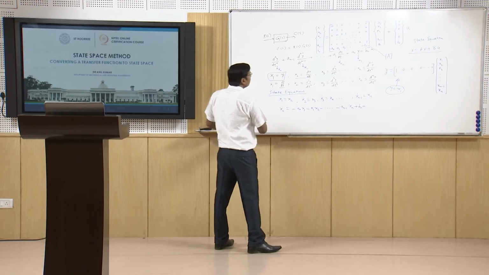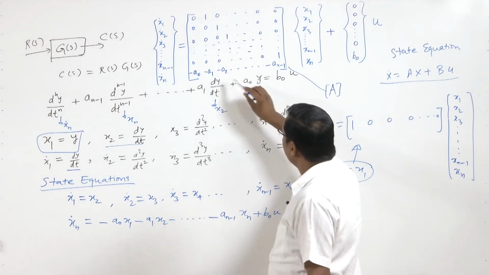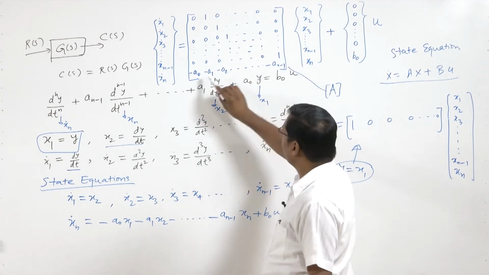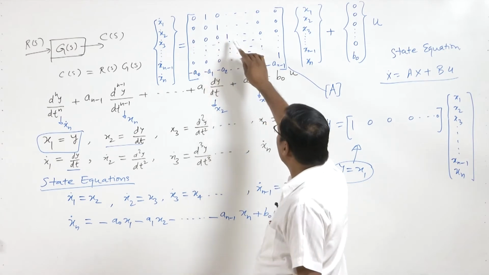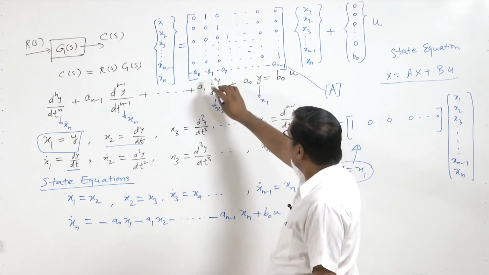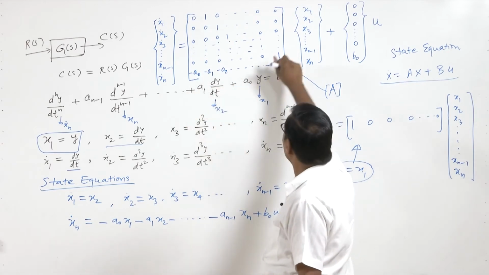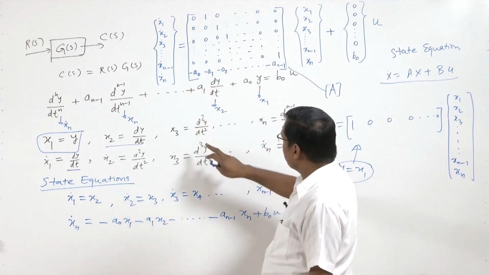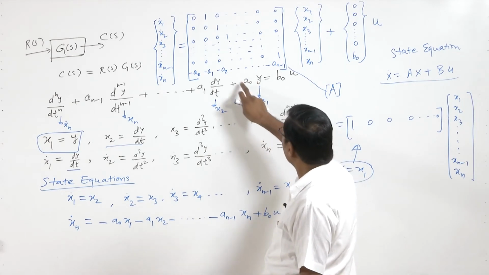Now here one thing we can note is how these coefficients are shifting in this matrix, because in the other matrix there is 0, 1 and 1, this is shifting. Here in this matrix we have the coefficient of x1 as minus a0. So these coefficients are negative and reversed.